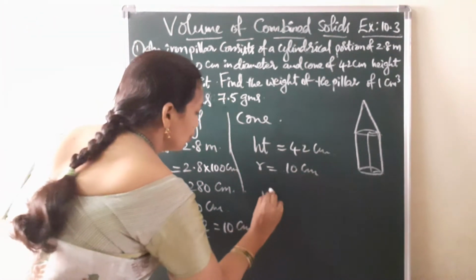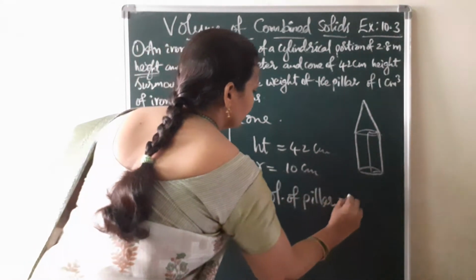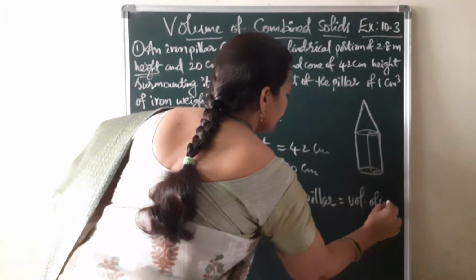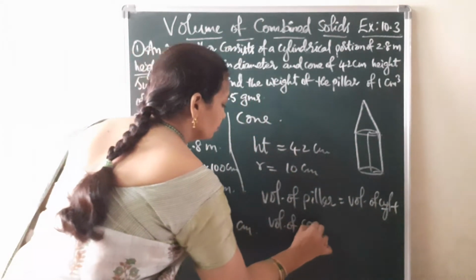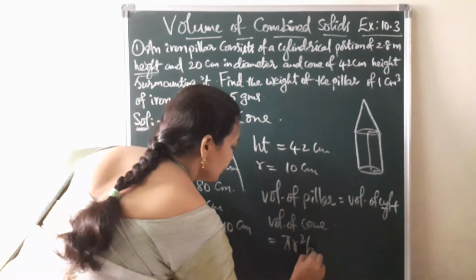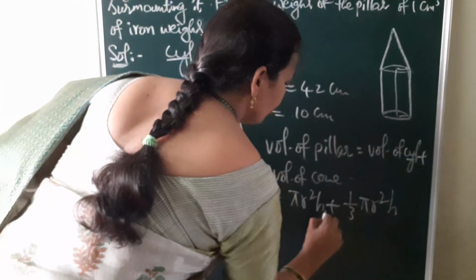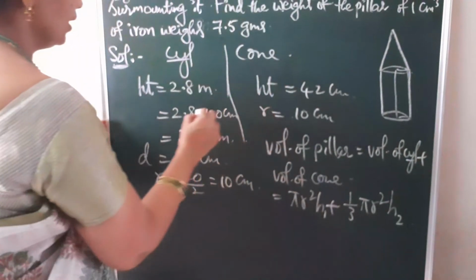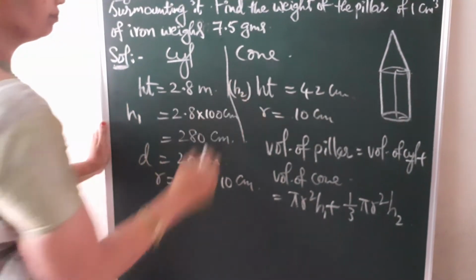Okay. So the volume of pillar is equal to the volume of cylinder plus the volume of cone. That is equal to pi r square h plus 1 by 3 pi r square h. You can think of this as h1 and this as h2.